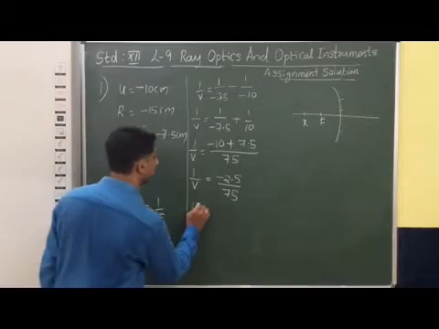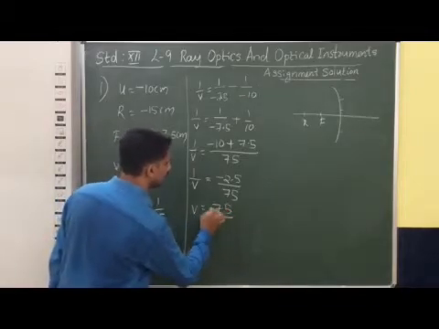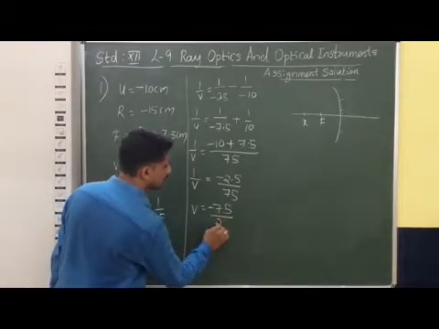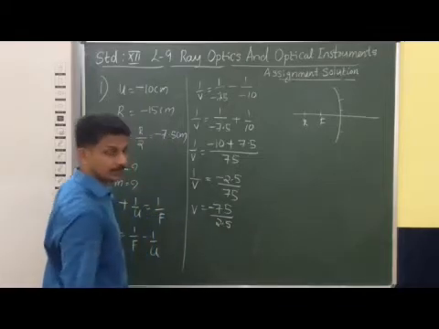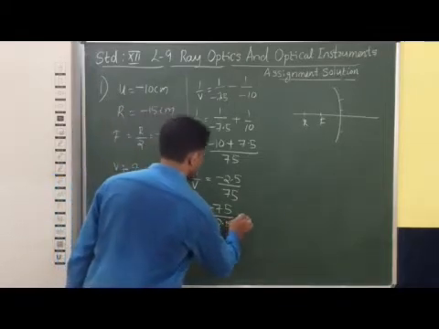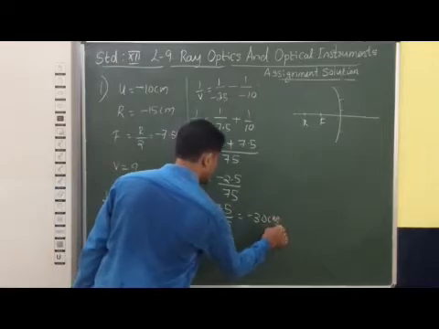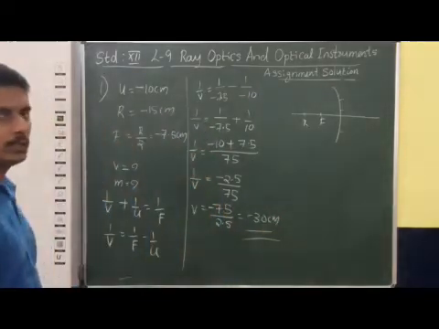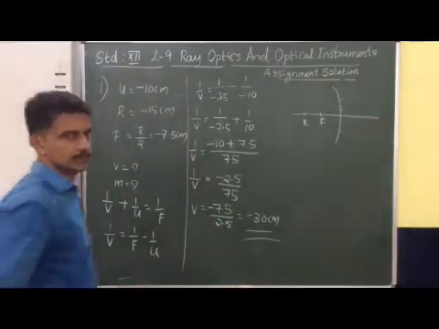We can find V as minus 75 divided by 2.5, so we get minus 30 centimeter. That means the value of V is minus 30.